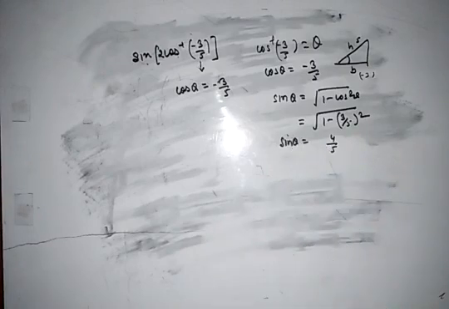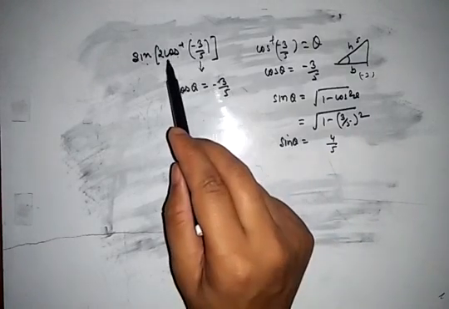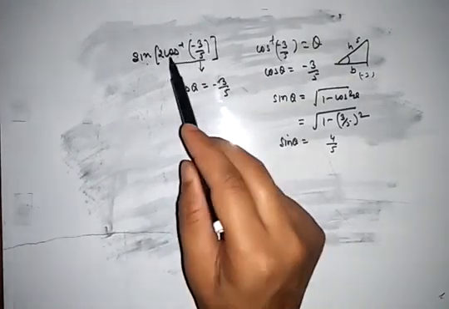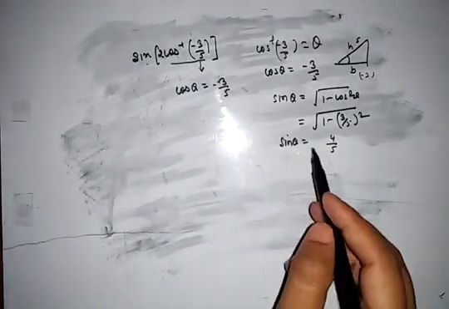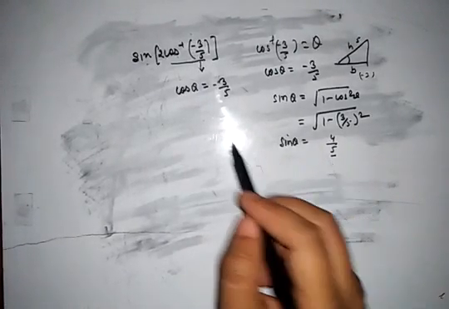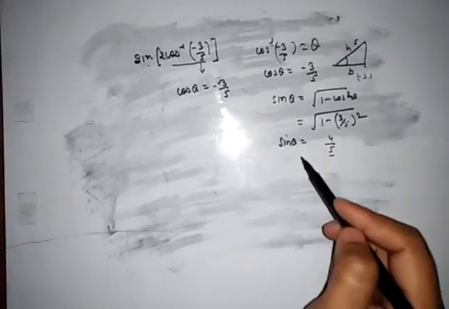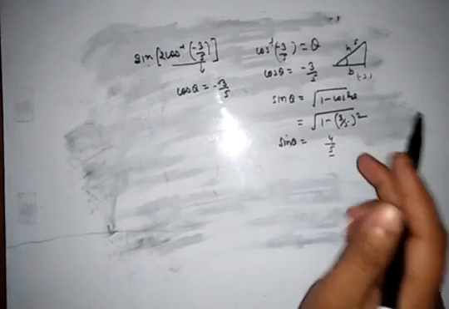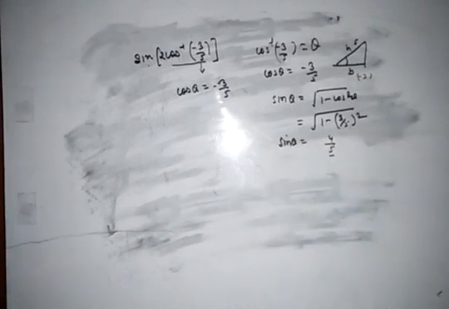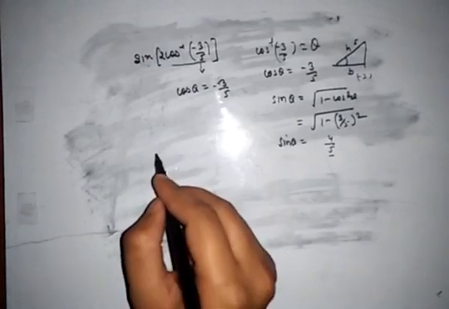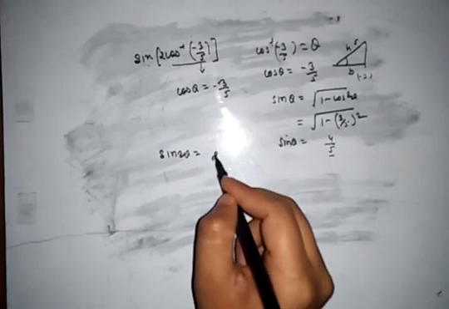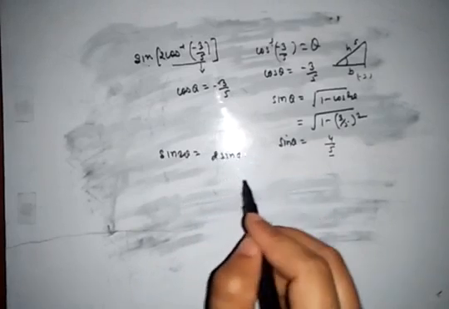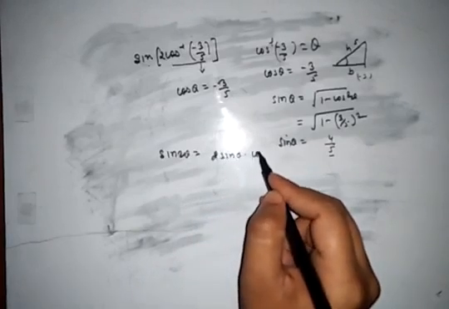You will get sine theta is 4 by 5. So theta is nothing but sine inverse of 4 by 5. Now sine 2 theta is nothing but twice of sine theta into cos theta.